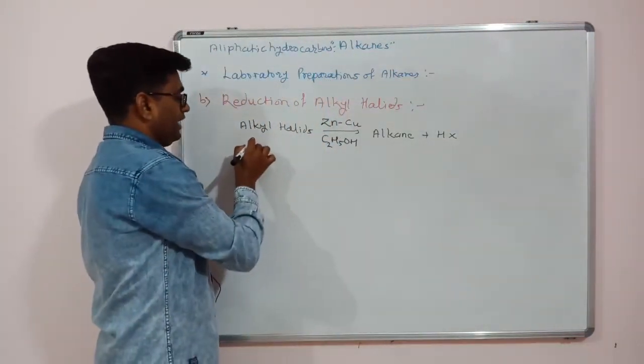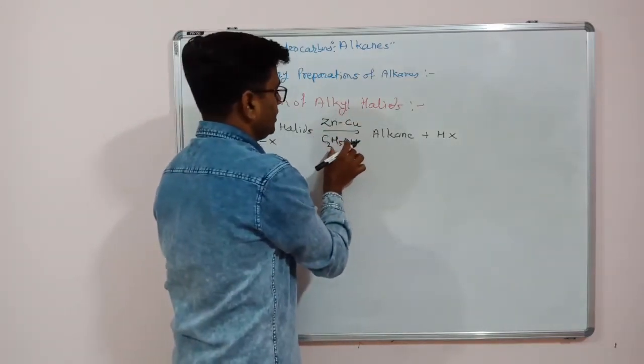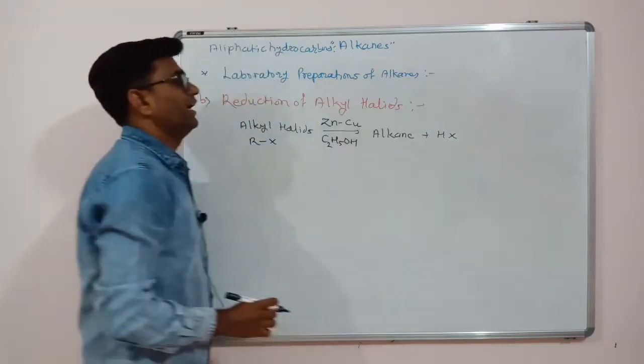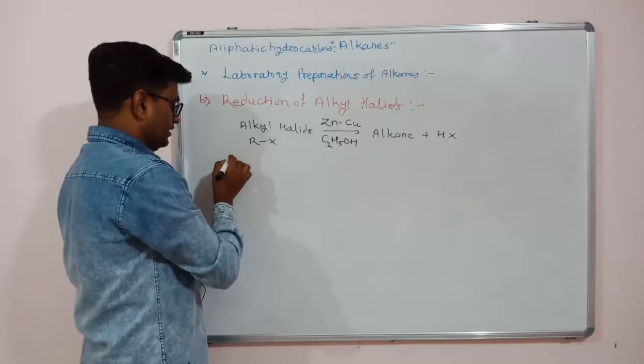So RX on ZnCu C2H5OH will give alkane and HX. So in general mechanism, so what will happen?